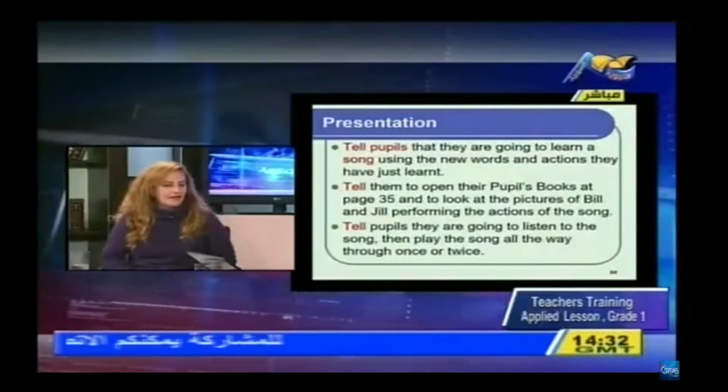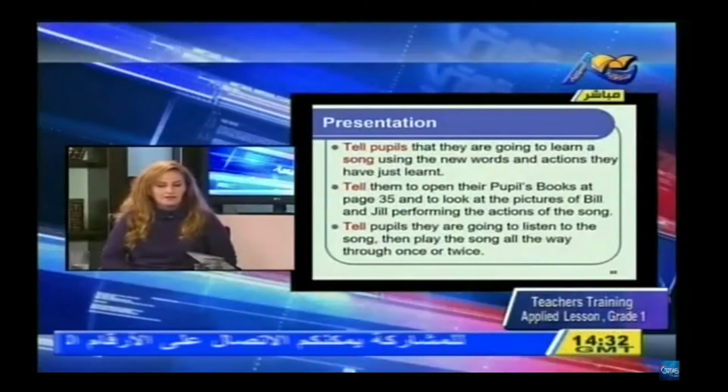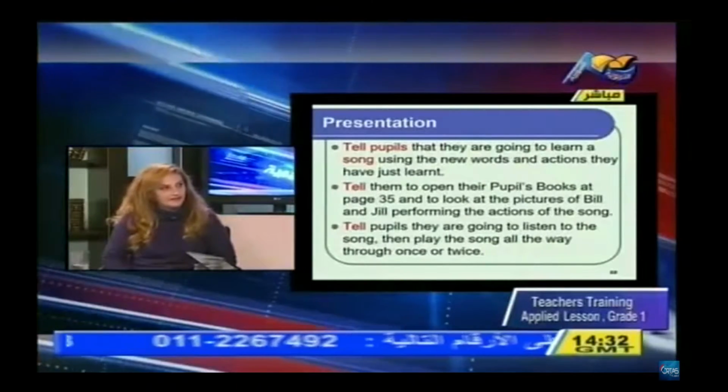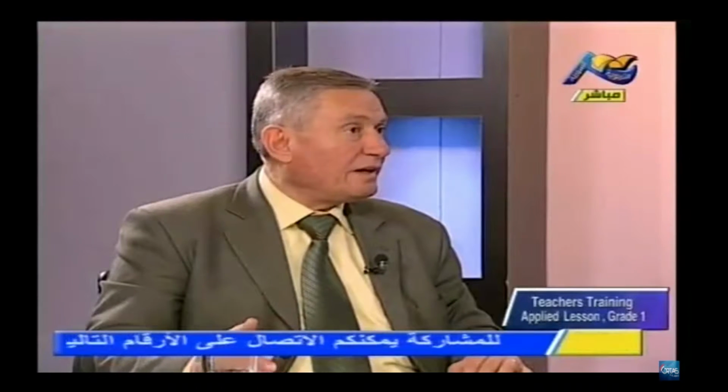Then after this, the teacher plays the song again, but this time he stops the tape while playing. So first we make them listen to the whole song once or twice. Then we play it again, stopping after every line. Because, as we mentioned when we talked about the objectives of the lesson, the aim is to teach them a song.